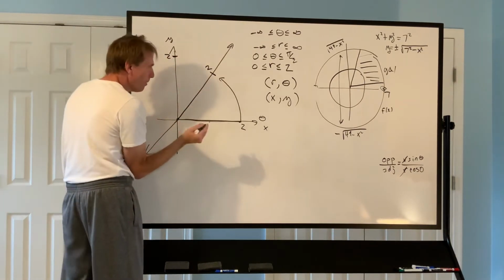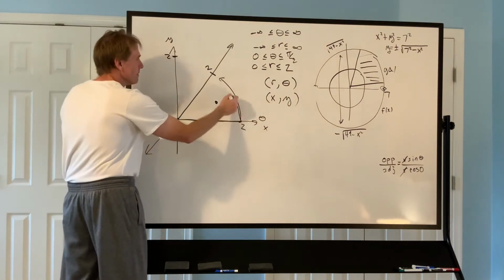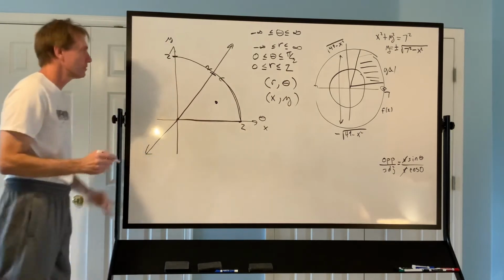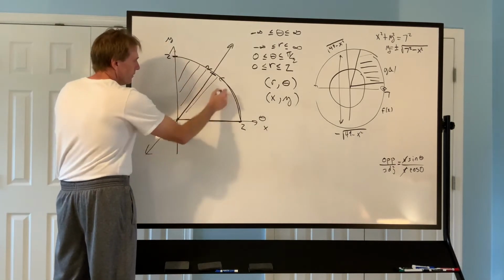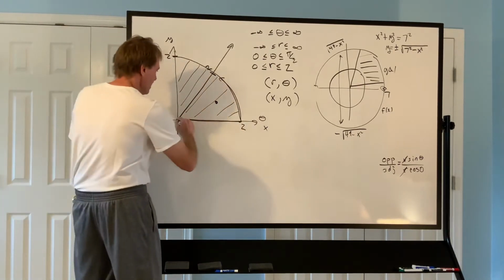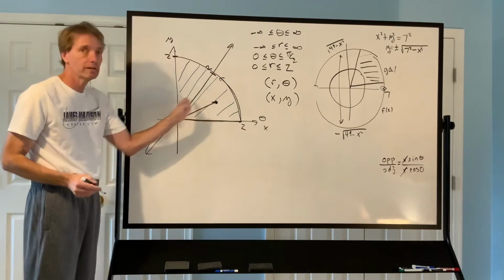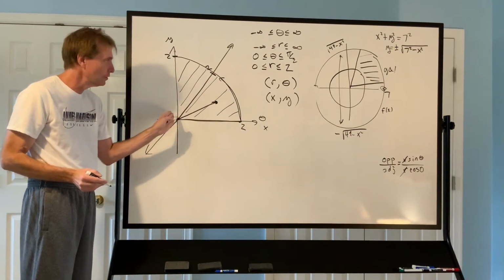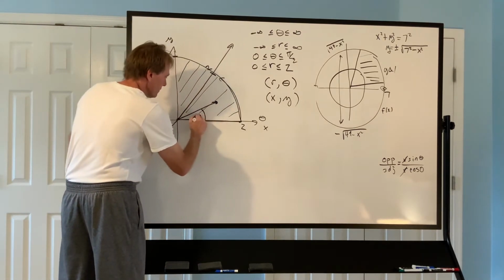You give me any point inside this quarter circle, there's going to be a radius that's definitely less than 2 and bigger than 0, and an angle theta.